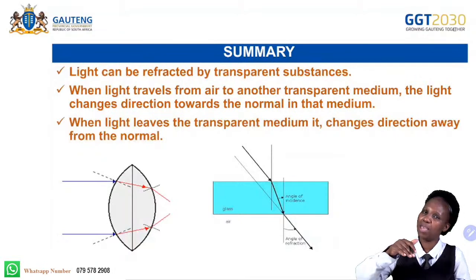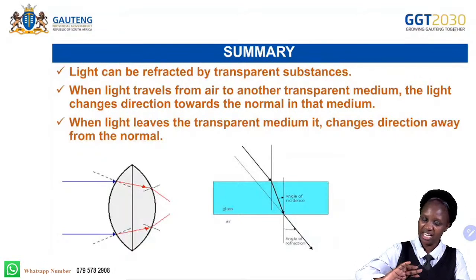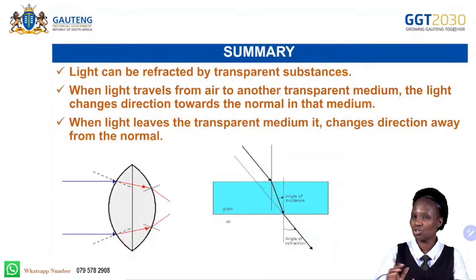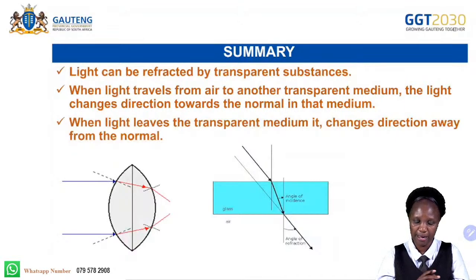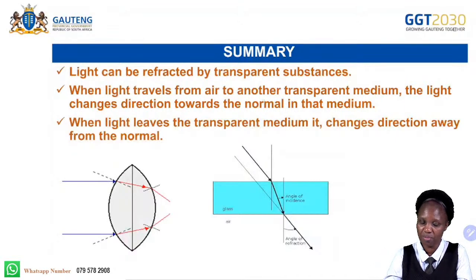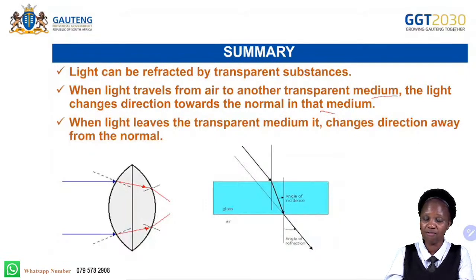It is going to bend, all right? Then it will disperse the colors of the rainbow. Okay. When light travels from air to another transparent medium, the light changes direction towards the normal in that medium. When light leaves the transparent medium, it changes direction away from the normal.